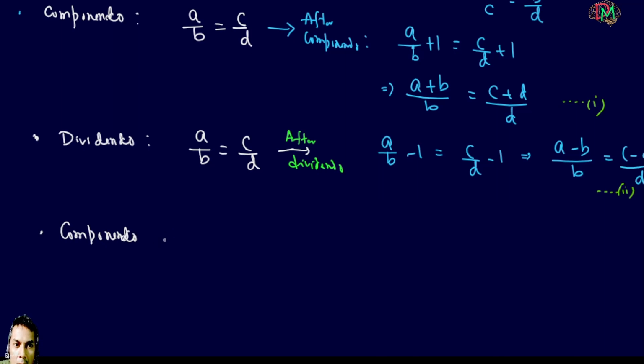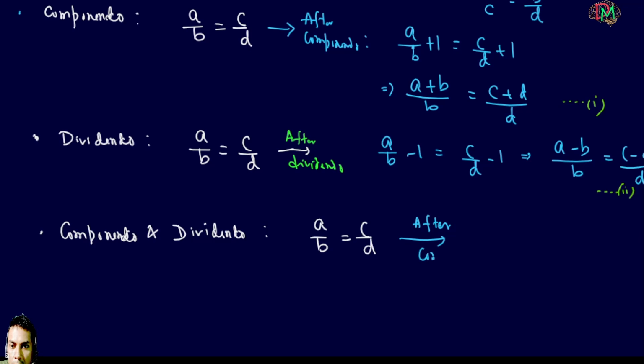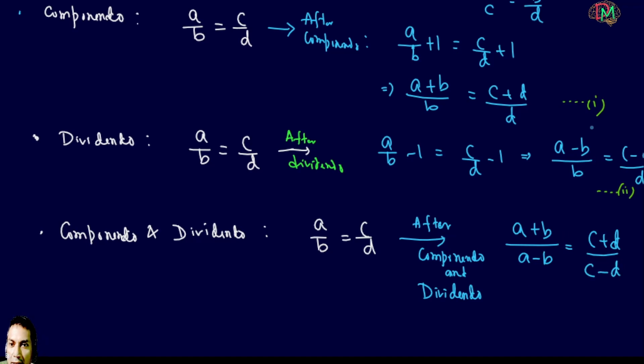Suppose the given proportion was A by B is equal to C by D, and after componendo dividendo we get A plus B by A minus B is equal to C plus D by C minus D. We get this value if we divide the left side, A plus B by B divided by A minus B by B. So B cancels out, and on the right side D also cancels out, and this remains. So if we divide these two equations 1 and 2, we get the componendo and dividendo value.